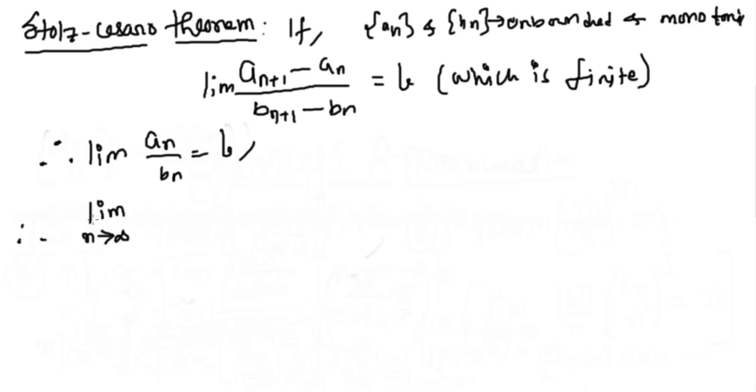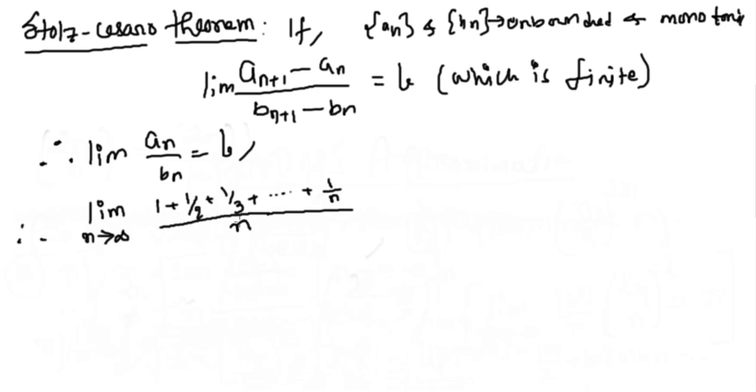Let's say we want to find the limit of 1 plus half plus 1 by 3 plus up to 1 by n, which is basically the harmonic numbers divided by, let's say, n. We want to see if this limit exists or not.